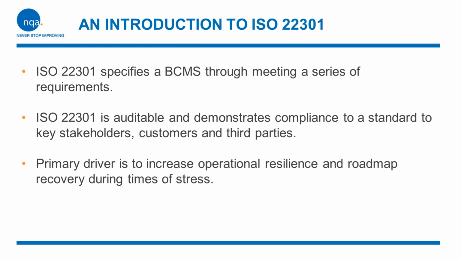ISO 22301 is a requirement standard, and that's composed to enable it to be audited and to demonstrate compliance to key stakeholders, third parties, and customers, for example. However, perhaps the primary driver behind ISO 22301 was to allow organizations to realize increased business continuity performance and ensure resilience and recovery during times of stress.